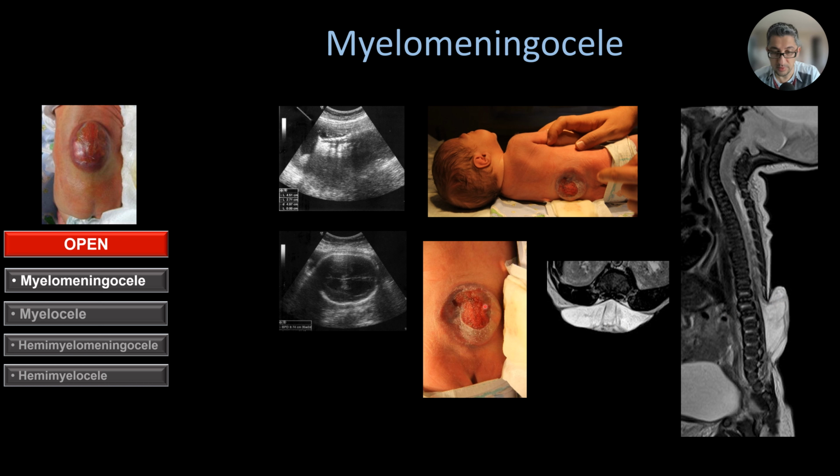And this is the placode, this is the thin membrane already partially ruptured, and this is the neural elements on the axial plane along with outpouching of the CSF spaces, and almost always Chiari II malformation. Chiari II malformation is characterized by herniation of the cerebellum, a small posterior fossa, and usually dilatation of the lateral ventricles. Here you can see this due to the obstruction at the level of the foramen magnum.